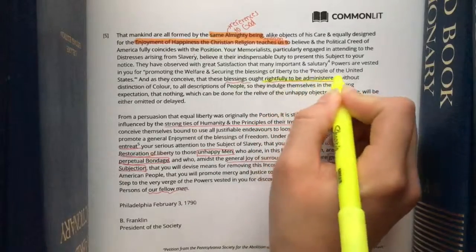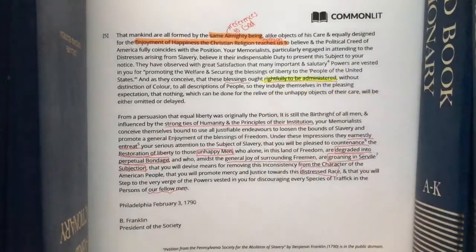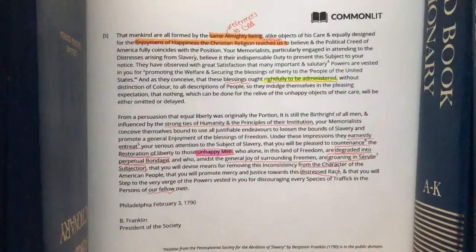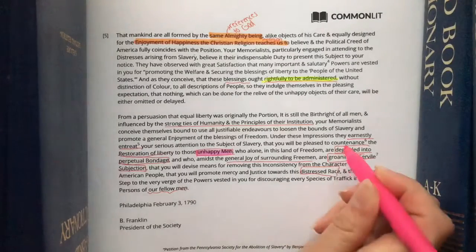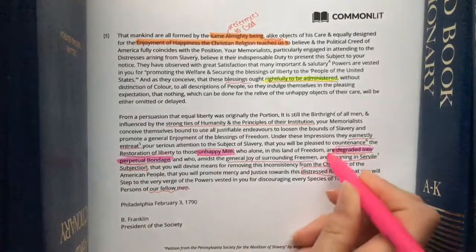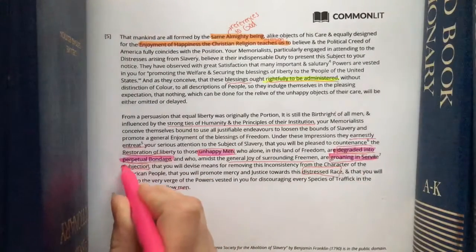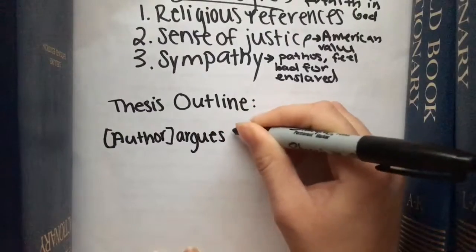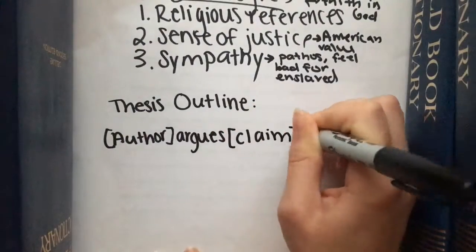Also, by saying that these blessings ought to be rightfully administered, Benjamin Franklin implies that it is unjust that these rights be taken away from people. To appeal to sympathy, Benjamin Franklin calls the enslaved unhappy men and uses words such as degraded into perpetual bondage and groaning and servile subjection to make the Senate and House feel the pain of the enslaved and make it real for them.